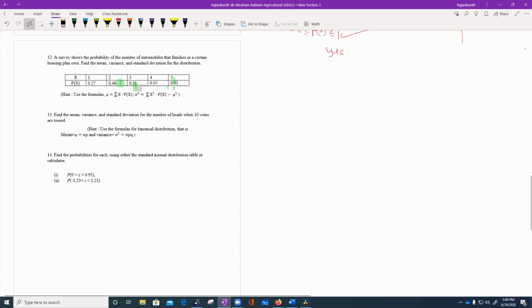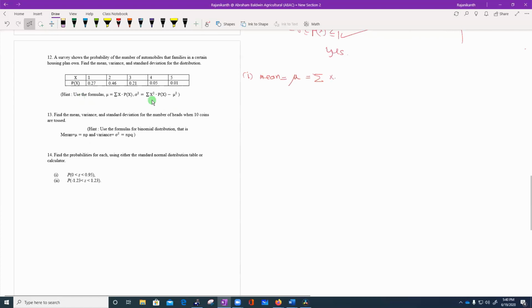How do you find the mean? Mean of your variable x is given by this formula. Look at the hint. So use the formula for each case and find out. So first I'm going to find the mean. Mean for what? Mean for x, the variable. We use mu for mean. Formula says what? Mu is given by the summation. Summation means you are going to add what?